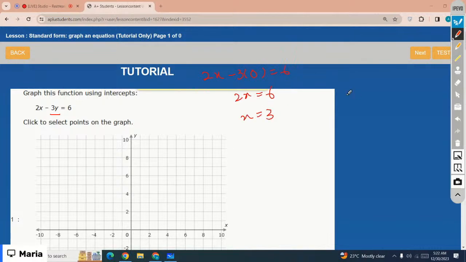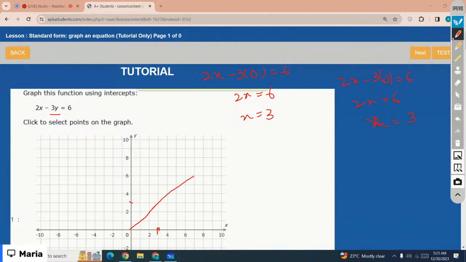That is the x-intercept. For the y-intercept, you need to put x equals 0. So you have two points now. Here is x equals 3, and then you have another point on the y-axis. Their line is here. That means the graph looks like this.